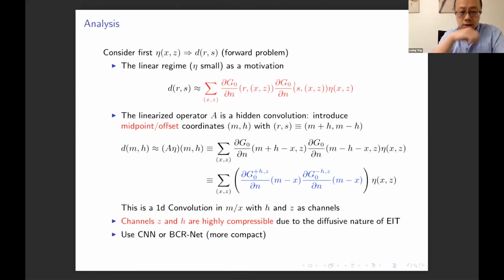Well, the way to do that is the following: we again consider the forward problem. After making some small eta assumptions and doing some PDE calculations, you can see that this output, the Dirichlet-Neumann map itself, can be written as a kernel, where the kernel is given by the product of the free space Green's functions at the two locations.